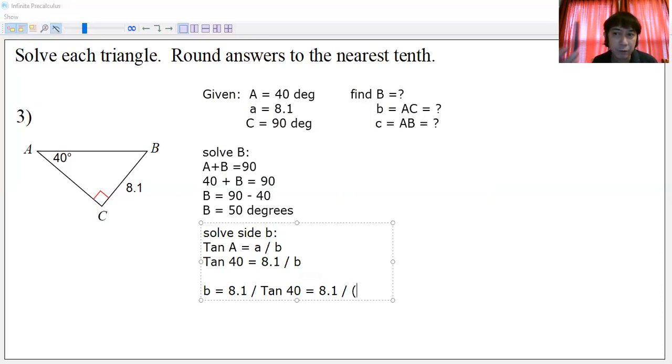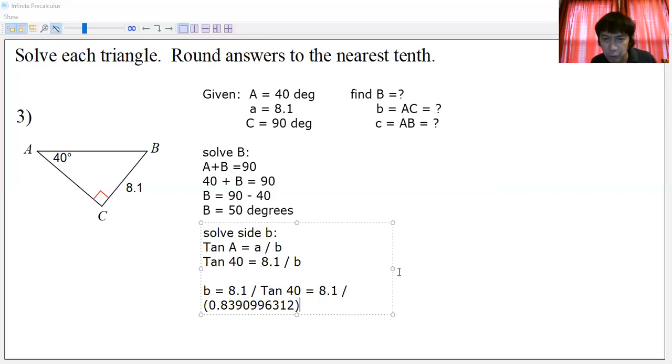We can get the tangent 40 from the calculator. So we will compute for tangent of 40, and the calculator value is 0.8390996312.